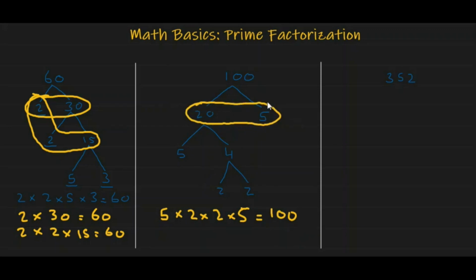So remember, you could just take the same level, or you could go with 5, 4, and 5. So if you're taking 5 and 4, then you also have to make sure that you go with the last number of any other branches, which would be 5 in this case.